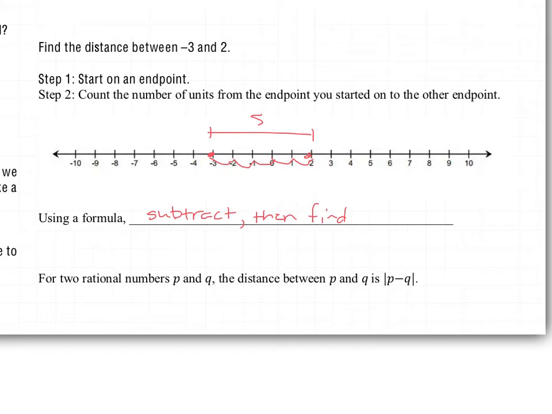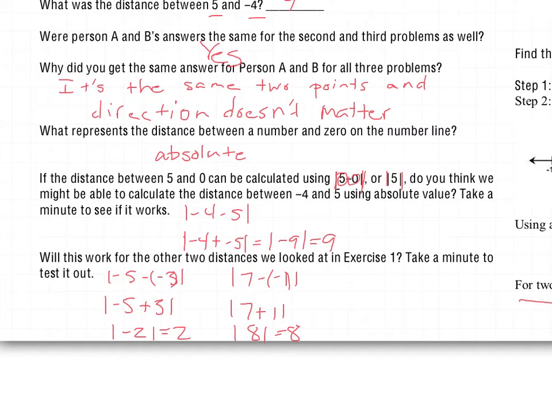And we're just going to write that down, really generally down here, to find the distance between two rational numbers. Again, distance, distance, distance. Not anything about change, distance. We need to subtract and then find the absolute value. And that's just what this formula has us set up to do. The same formula that we used over here.